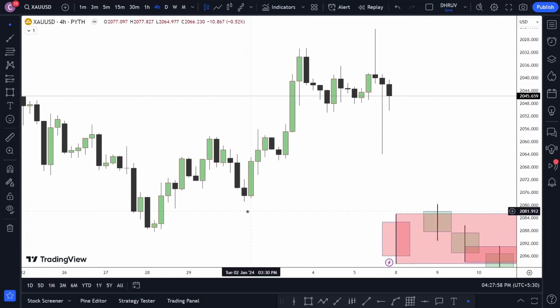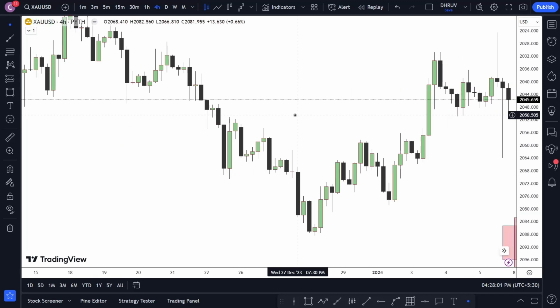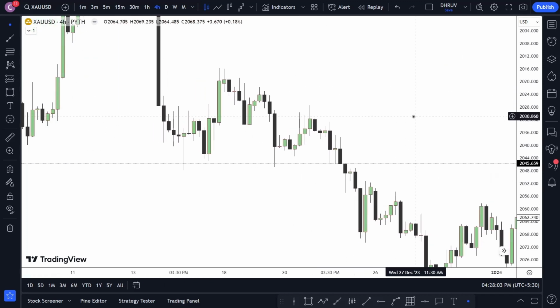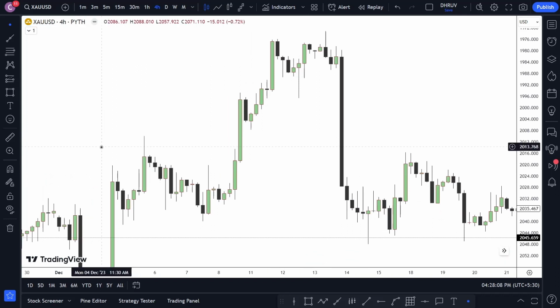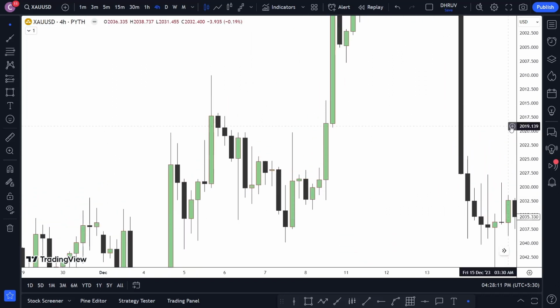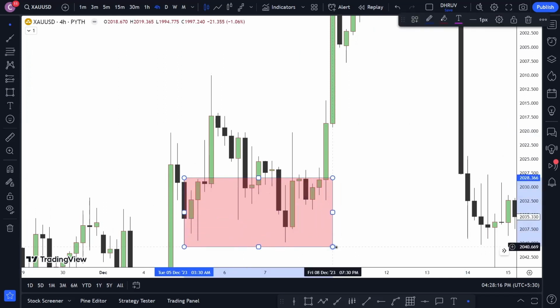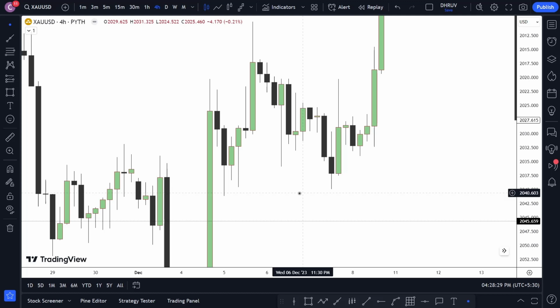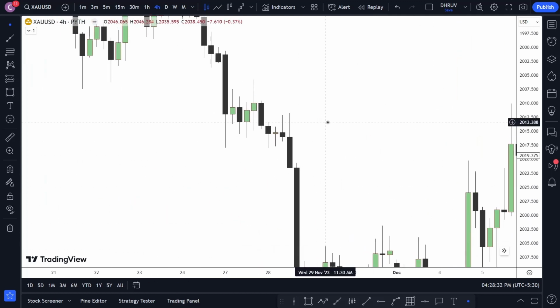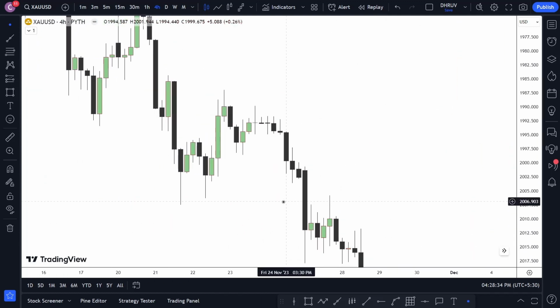Let me see an example for the buy too. Okay, here's the example of blend engulfing for the buy. We have a bearish candle before a break of this high. So let's not take the example for now. I will discuss this again.